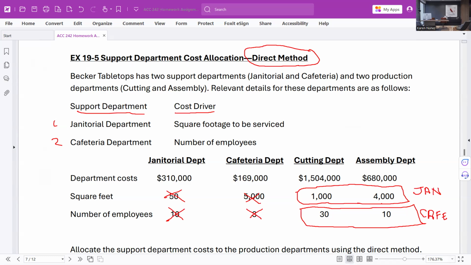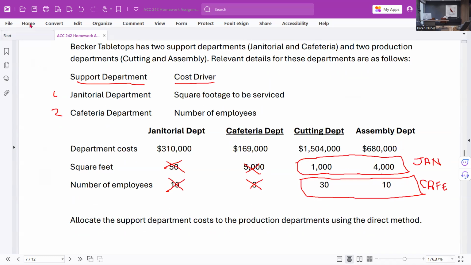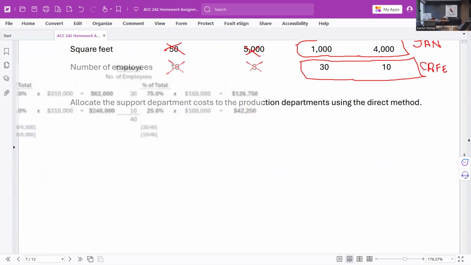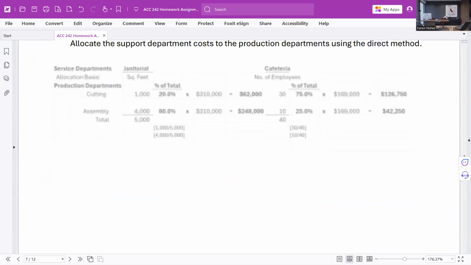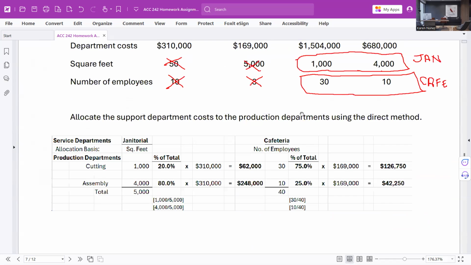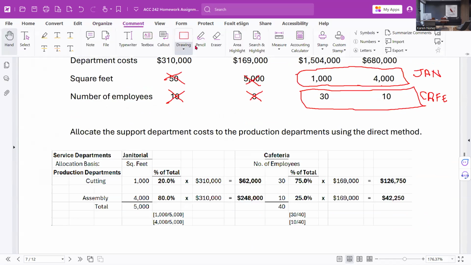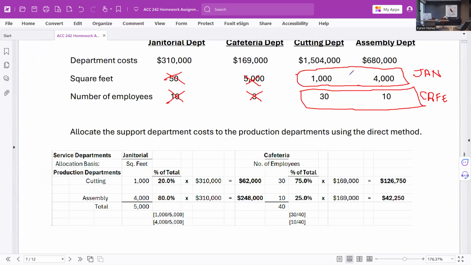So the allocation, if I can get that and paste it in here. Here it is. So the janitorial department, again, janitorial is going to be based on square feet, 1,000 and 4,000.